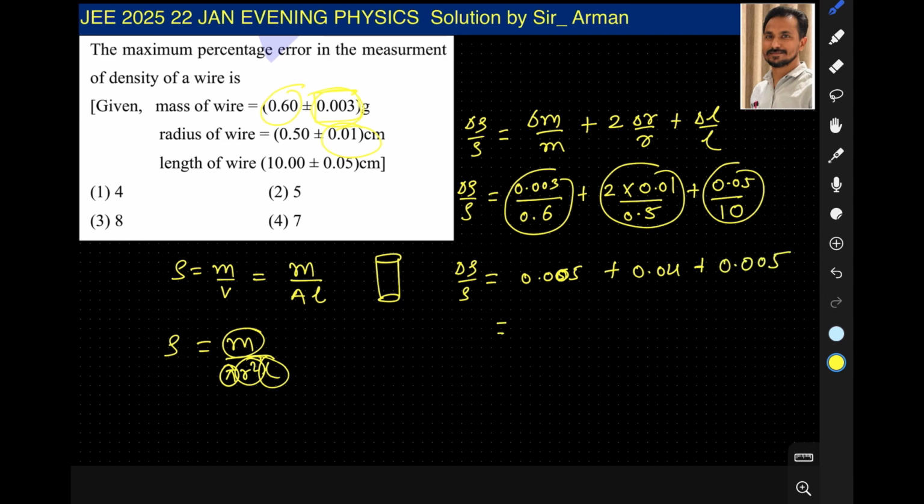Now if you add this, 0.005 plus 0.005, you will get 0.01, and here we have 0.04, so you will get 0.05. So this is the fractional error. Now if you multiply 100 on both sides, then you will get percentage error. So I multiply here 100, then the error will be 5%.